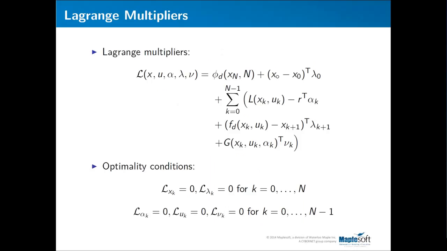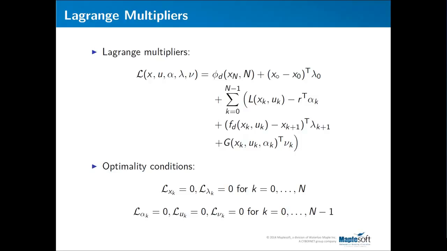To solve an optimization problem subject to equality constraints, we use Lagrange multipliers. The way it works is to write the Lagrangian as the sum of the cost function, plus for each equality constraint, you would write the corresponding function multiplied by a Lagrange multiplier.